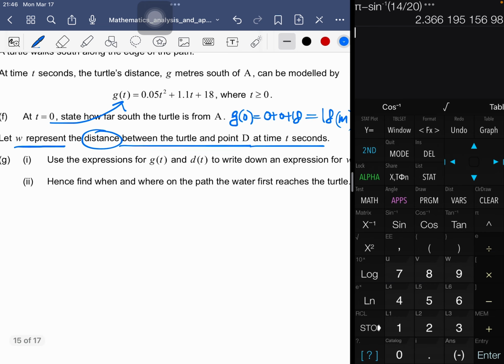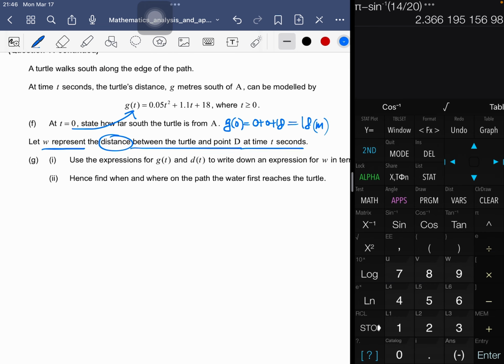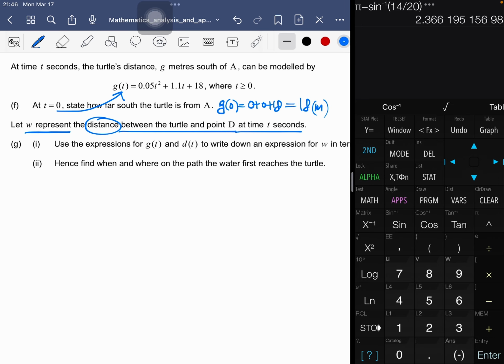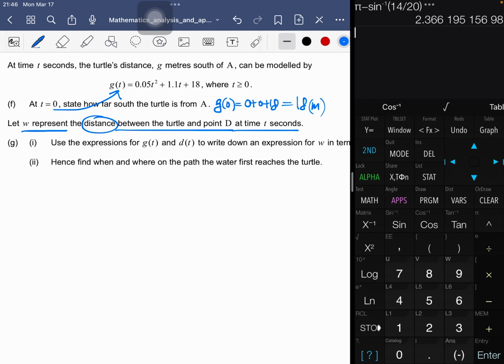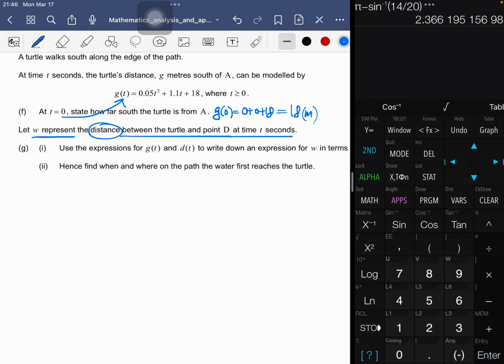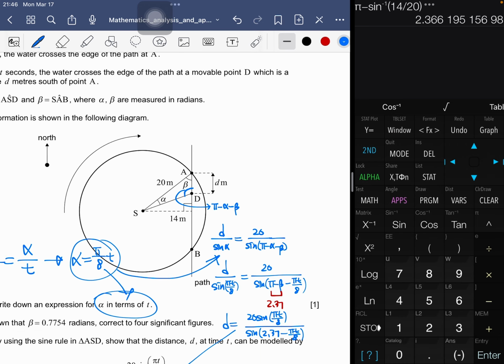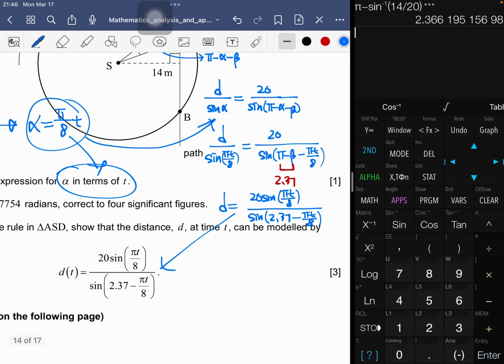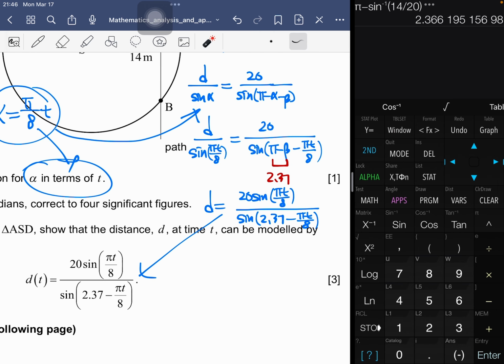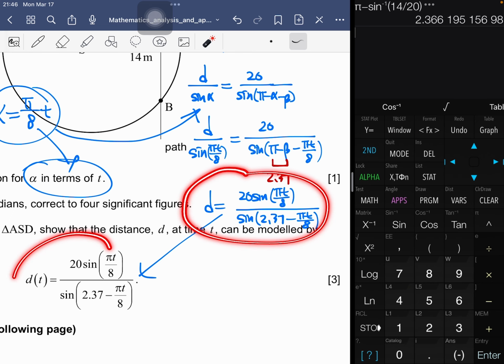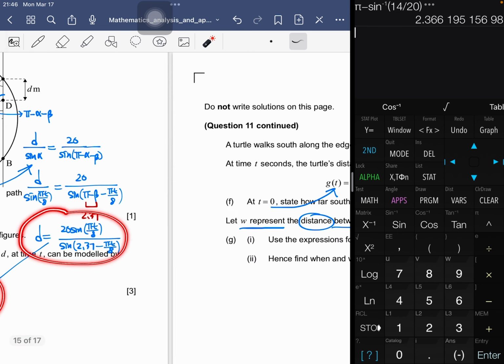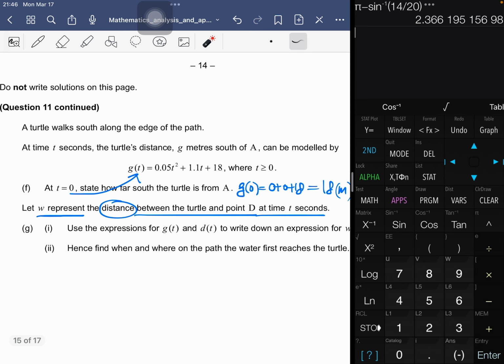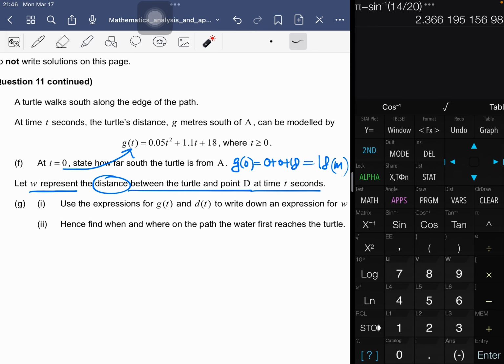Point D is where the sprinkler shoots, right? Point D is defined by this function, and g(t) is the turtle's position, defined by this function.